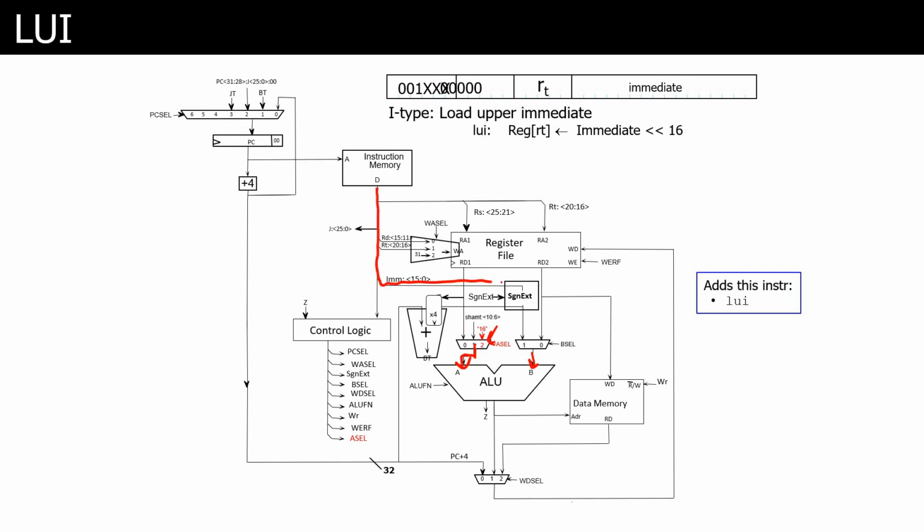So you have the immediate value coming in here, it gets sign extended, and it comes through here. It'll then take value B, which is our immediate value, and shift it left by 16 based on our input to A select, which is just 16. And then it'll do all this stuff with write address and everything that we've seen earlier.